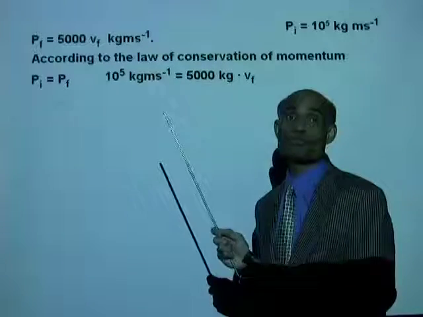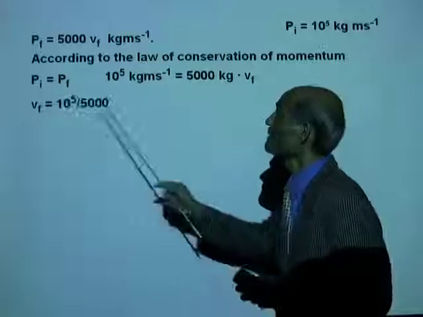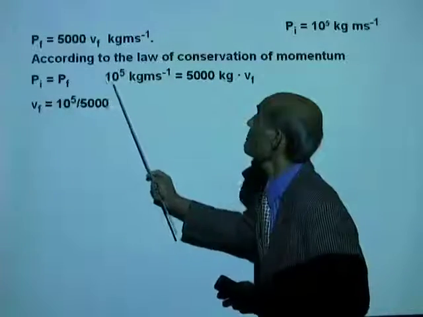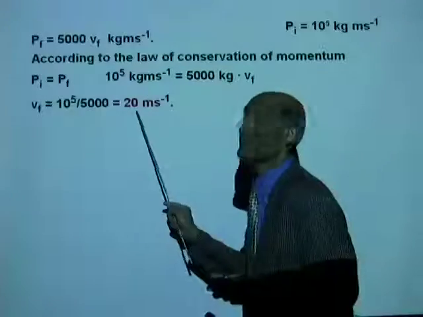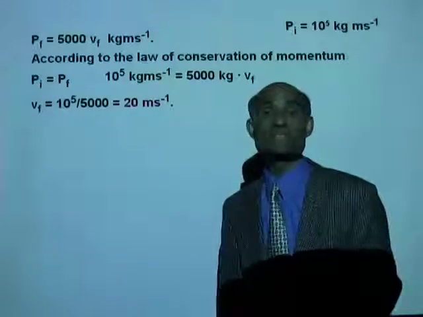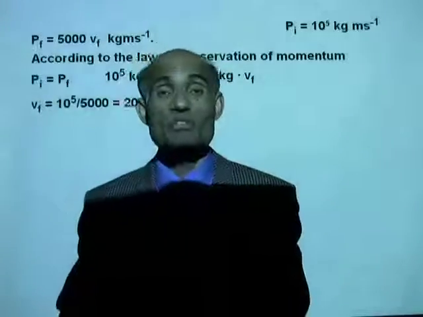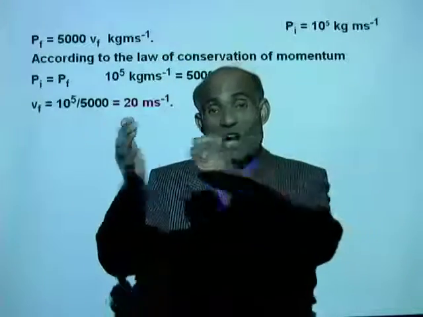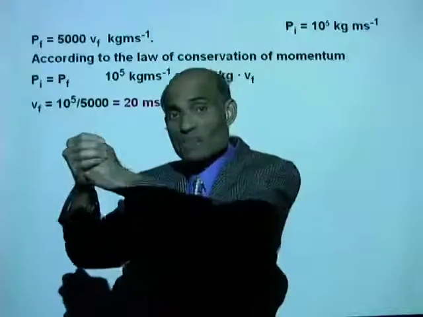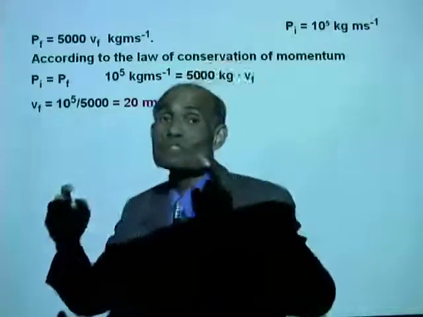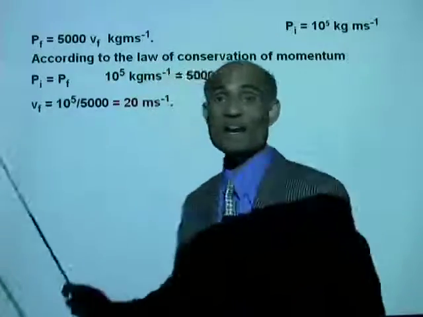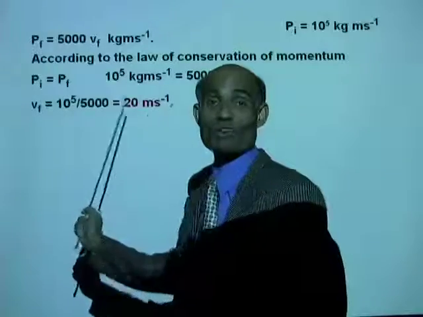Can we solve for Vf? Yes. Vf is 10 to the power 5 divided by 5,000. That is 20 meters per second. After the truck collides with the car, they join together and move in the direction in which the truck was coming. That's why the final velocity is positive.